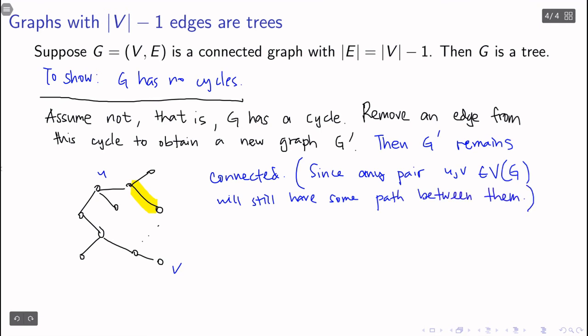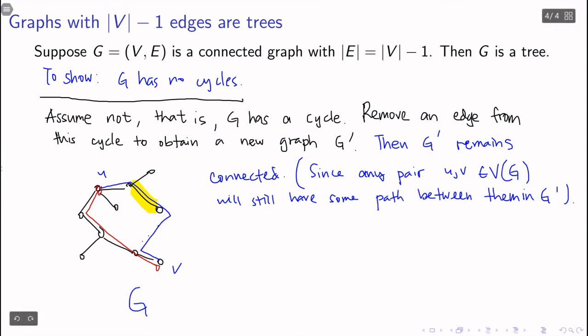The reason is, in the original graph G, you could have connected them. But if your u-v path in G used that edge that you deleted, well, it was part of a cycle. That means you could have just gone the other way in the same cycle and still obtained a u-v path that didn't use that edge. And that's the reason why G prime is connected.